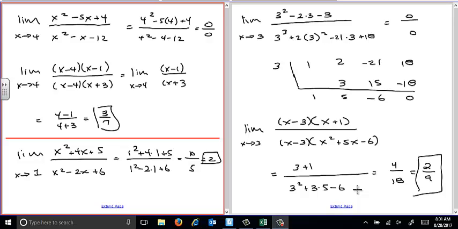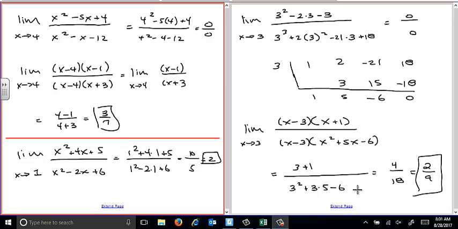The denominator was a third order polynomial, but because it was indeterminate, we know that one of the factors is x minus 3, so I used synthetic division, using x equals 3 as a solution, and you see that it does come out to be 0, which is why we get a 0 in the denominator.